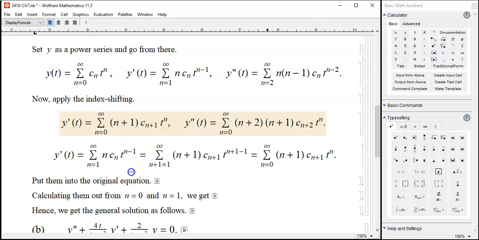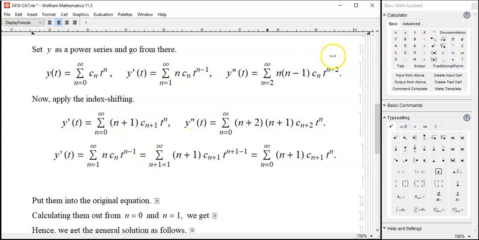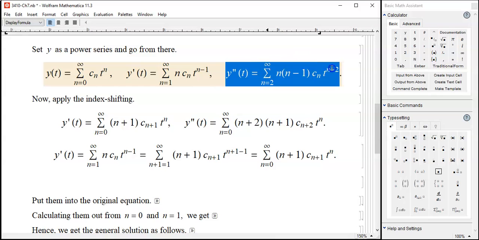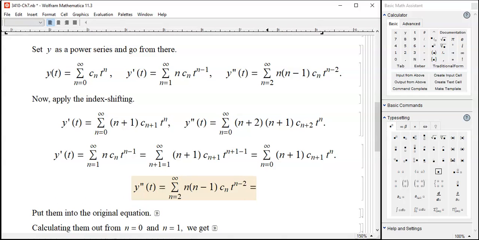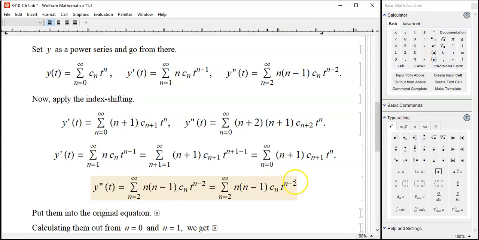All right, how about the other one? Let's begin with the second derivative. And let's repeat the same procedure. Again, I want the nth power here. So how do you get the nth power? n plus 2 minus 2, and that'll give me the nth power up here.